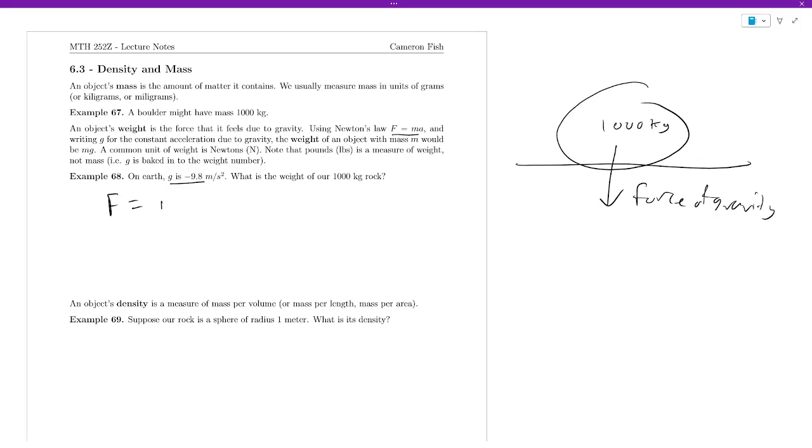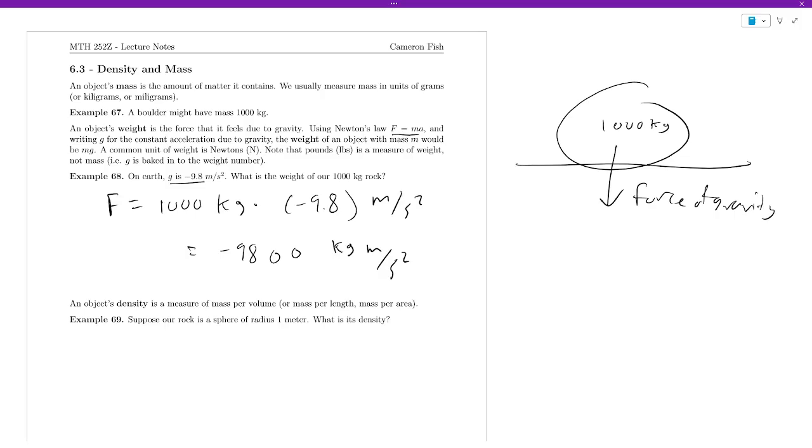It's the mass, which is my 1,000 kilograms, times the acceleration, this gravity number. I'm writing the parentheses just so the minus sign is clear. And so we just multiply these two numbers. So you get negative 9,800. You combine the units like this, so kilogram meters per second squared. We'll come back to that in a second.